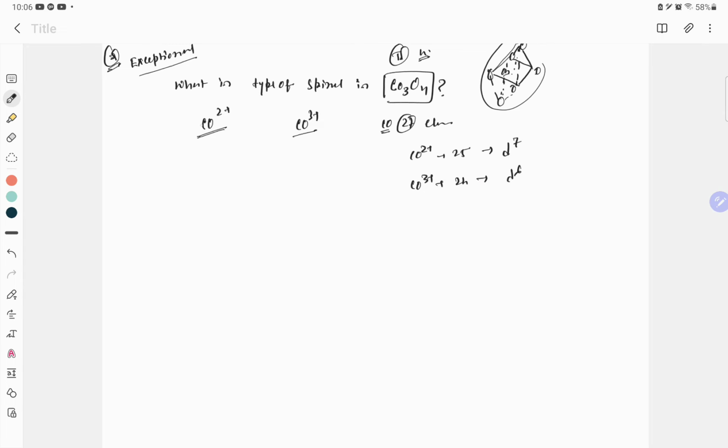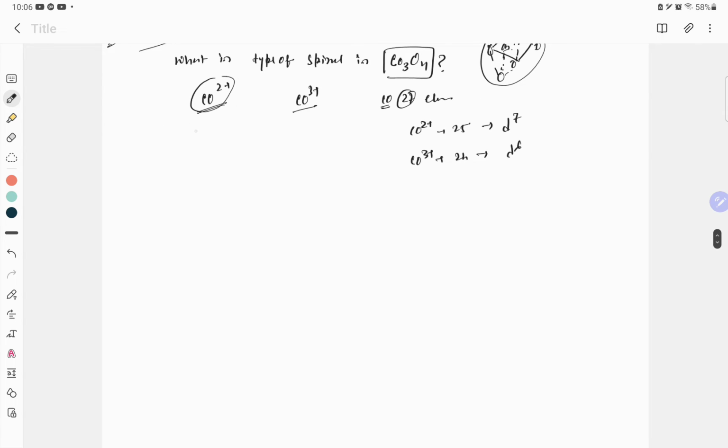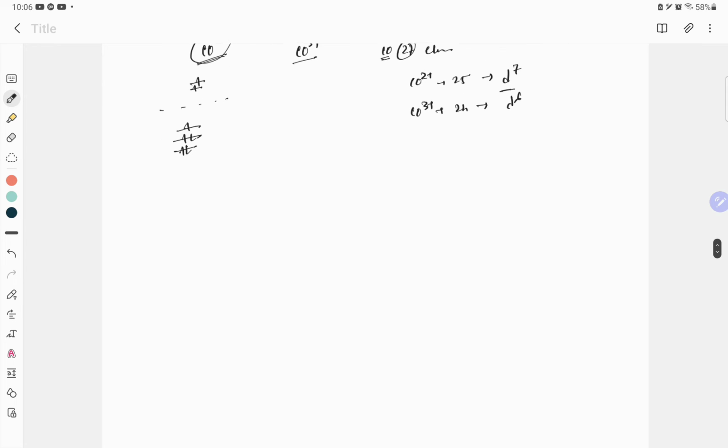So if cobalt 2 plus is present in an octahedral void, then the CFSE will be, this is D7, so CFSE you have to calculate. This is plus 0.6 and this is minus 0.4 delta 0.